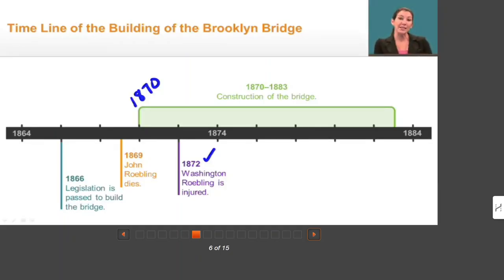So with the assistance of his wife, he continued to oversee the project. Now, the bridge was finally completed in 1883. Now, it's important to keep the steps in mind that you see on this timeline so that you understand everything that went into building the Brooklyn Bridge.